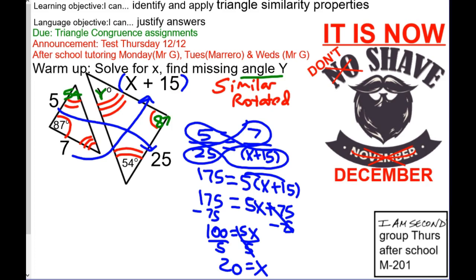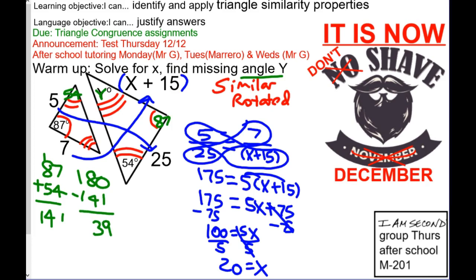Add them up, and then subtract from 180, the total, yeah. So, 87 plus 54 is 141. Take that away from the total, 180. And I get 39. So y equals 39. Question?